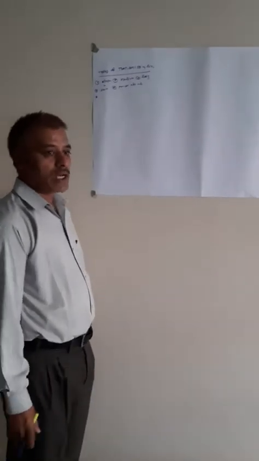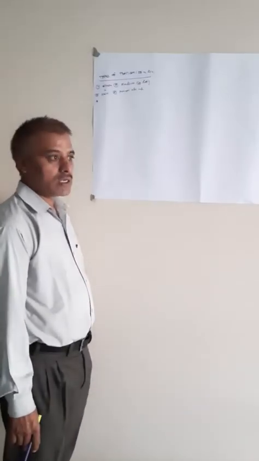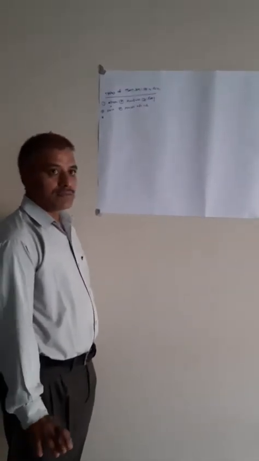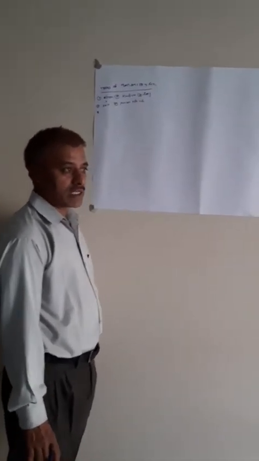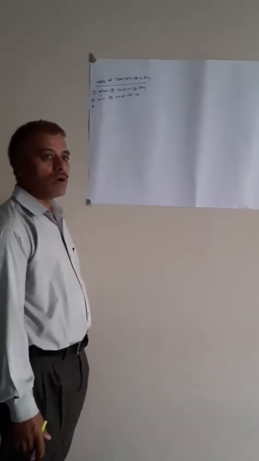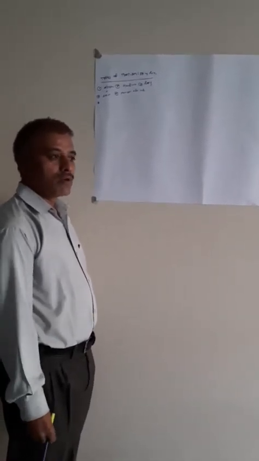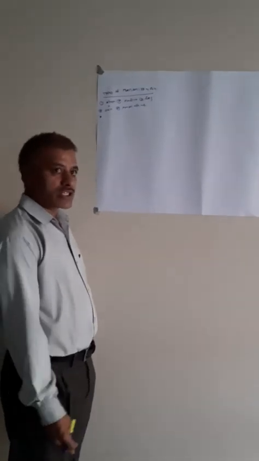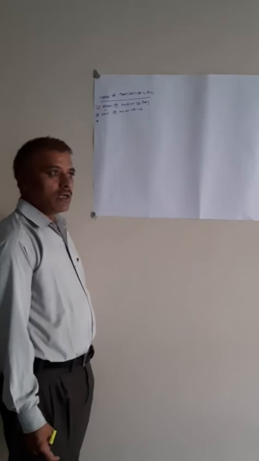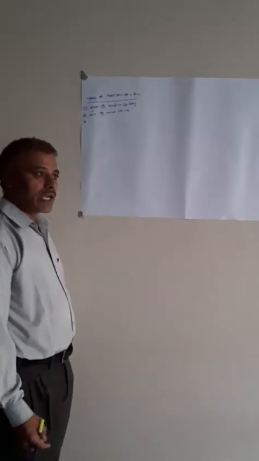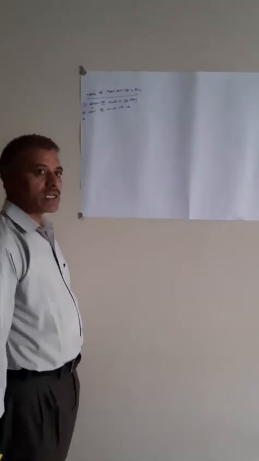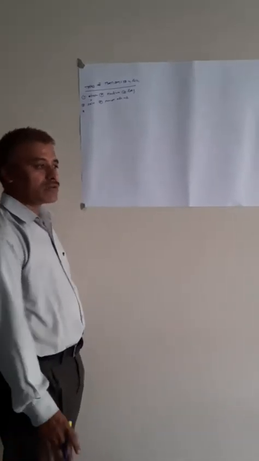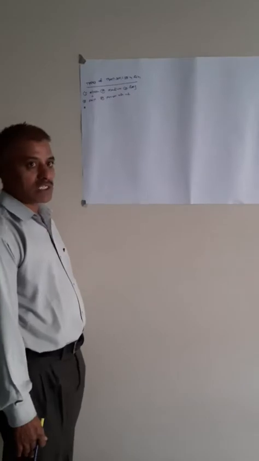Lines in this range are known as medium transmission lines. The voltage level is above 33 kV, up to 66 kV, then 132 kV and 220 kV. Up to 220 kV, these voltages are the medium transmission lines.